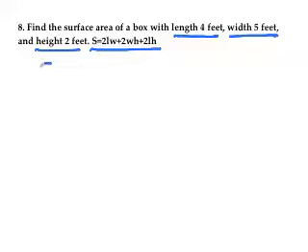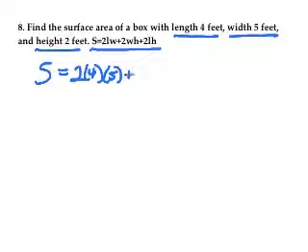So surface area S equals 2 times the length times the width. Length is 4 feet, so it would be 4 times the width, which is 5, plus 2 times the width times the height. So that would be 5 feet times the height here, 2 feet, plus the last one, 2 times the length times the height.